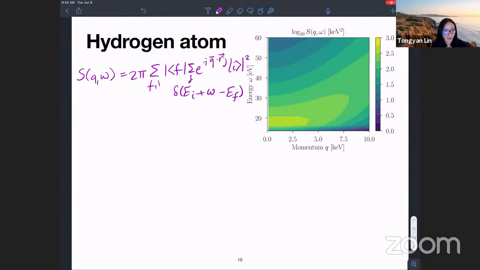It's just the expectation value of this density operator. And the thing that can be quite complicated is identifying what the initial and final states are in a many-body system.